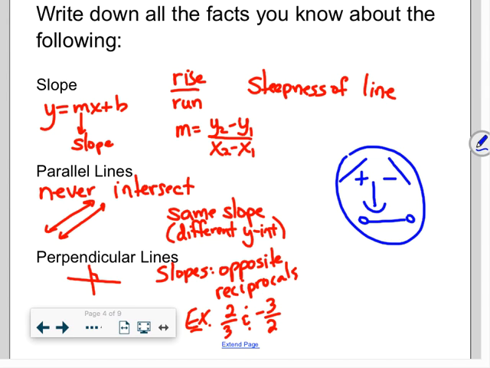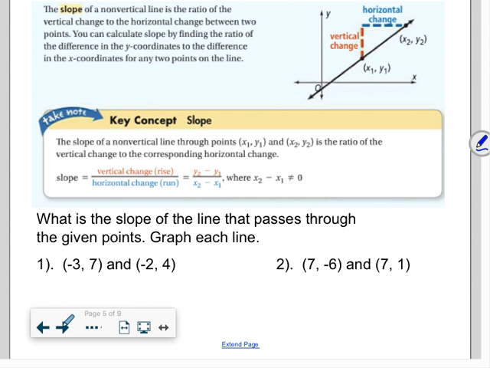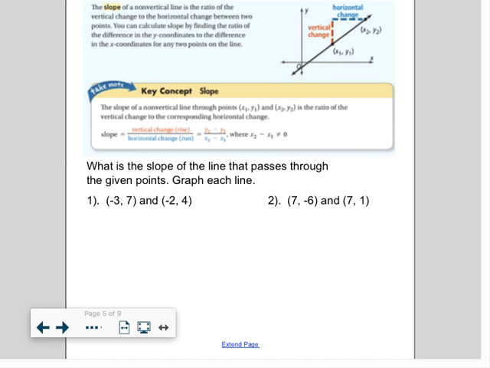So let me give you a head start on me. So do m equals y2 minus y1 over x2 minus x1, but also sketch a graph, okay? Plot it on a little grid.